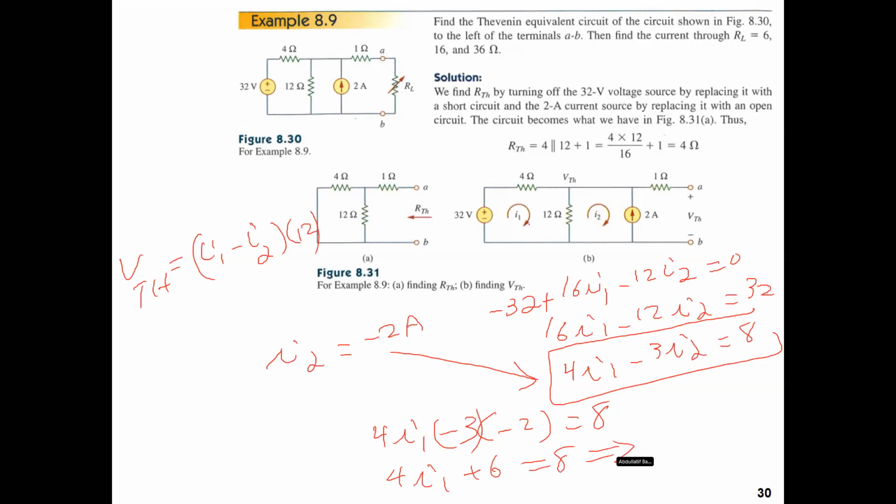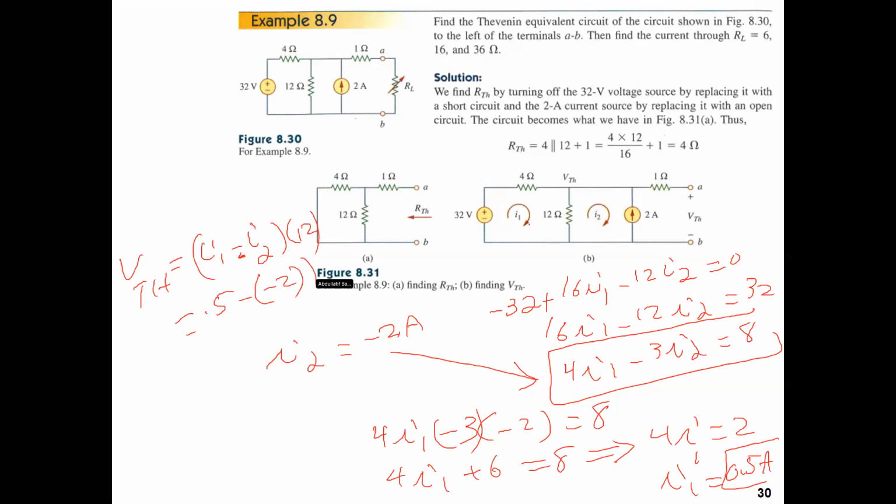That leads to 4 I1 equal to 2. I1 equal to 0.5 amps. Okay, so then I1 minus I2 will be 0.5 minus, remember that is a minus, and we have a minus 2.